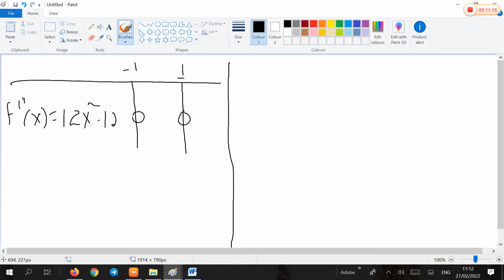If you substitute any number less than negative 1, you will get a positive sign, since the square of a negative number is positive. If you substitute any number between negative 1 and 1, for example 0, you will get a negative number.